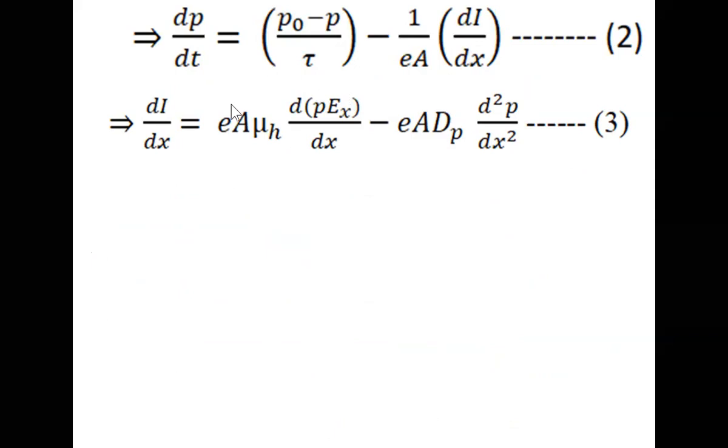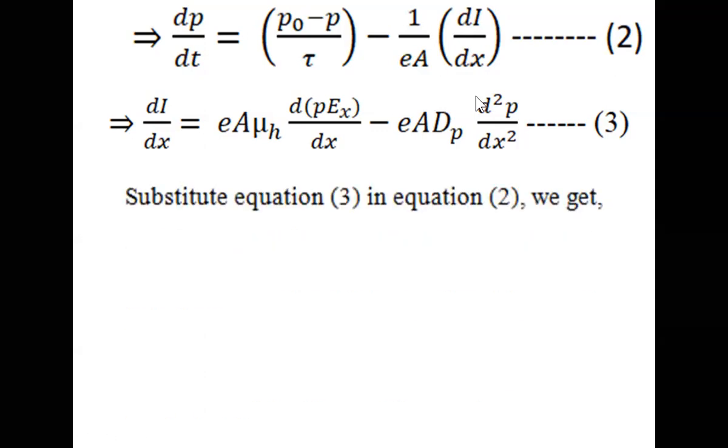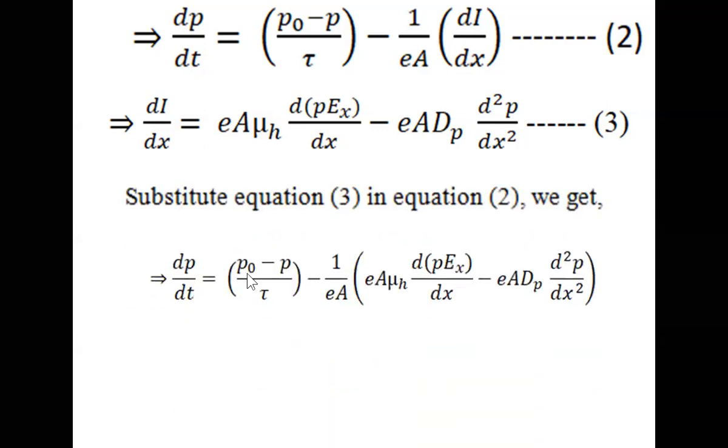Substitute this value for di by dx, that means substitute equation number 3 in equation number 2. What we will get is a particular expression which governs the conservation of holes, or the conservation of minority carriers in an n-type semiconductor in a given volume of A into dx. So this is a very important equation, which is also known as the equation of continuity.